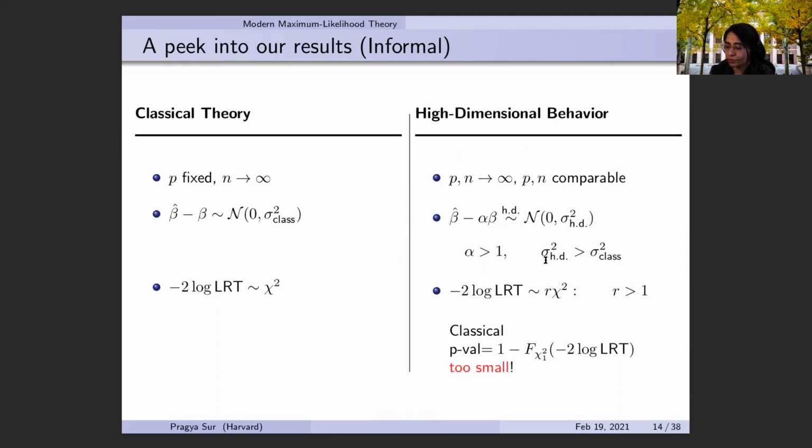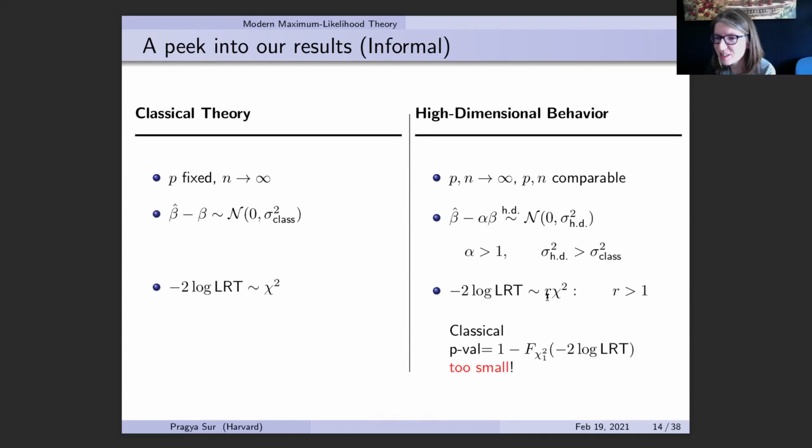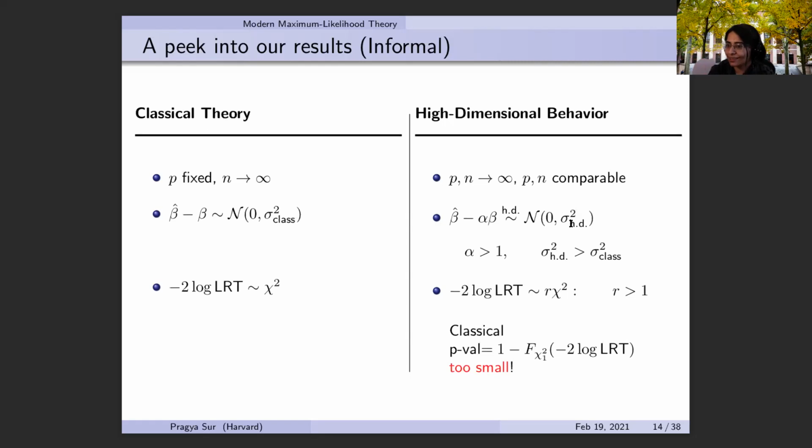All three depend on the p by n ratio and the overall signal strength in the problem, but they are three different constants. I was asking because once you see that the centering is by alpha, it's not surprising that the variance should be inflated at least by alpha as well. Yes, you have that, and there is another contribution. Thank you.